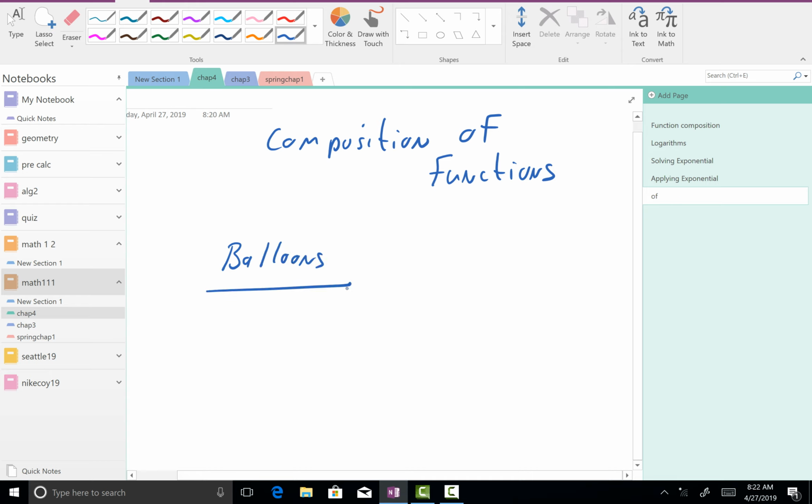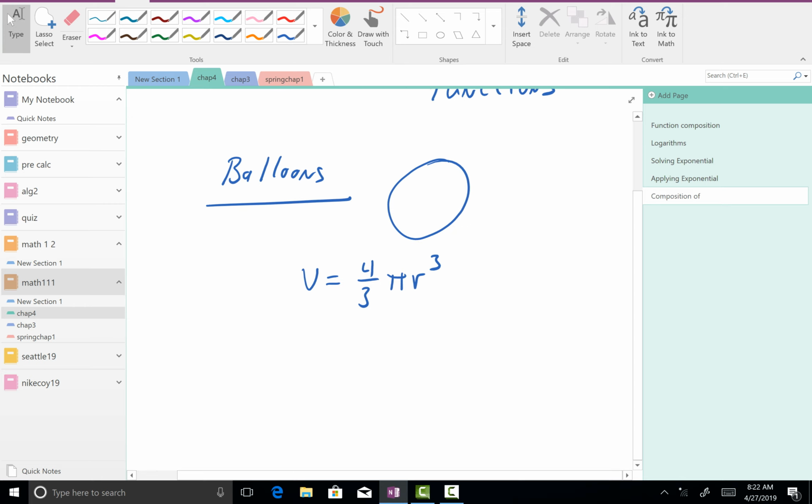For simplicity's sake, we'll say that they're spherical balloons. The volume of air that's going to go in there can be given by this formula here. And obviously there's going to be a pump or something to blow those up with.